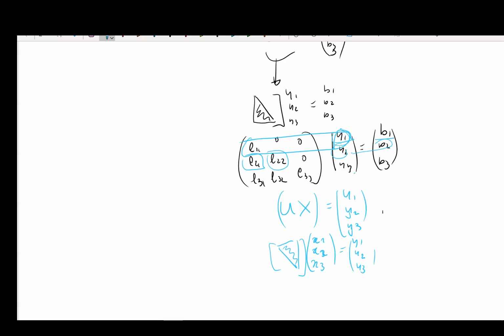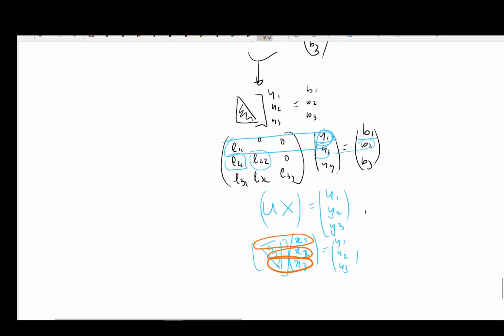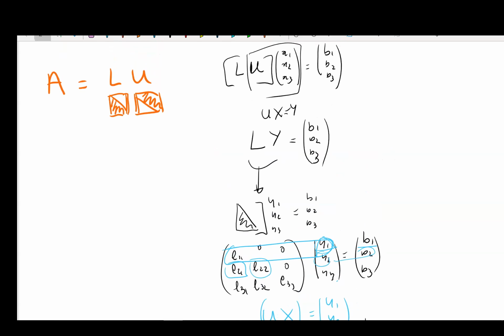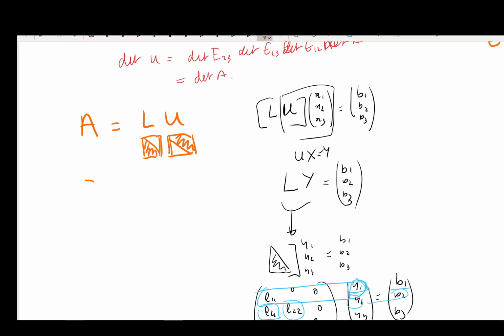You first get x3 from the last row, from the value of x3 you deduce x2, and from those two values you deduce x1, and there you go. This is one way to solve linear equations Ax equal to b using the LU decomposition, a numerical technique that is very commonly used.